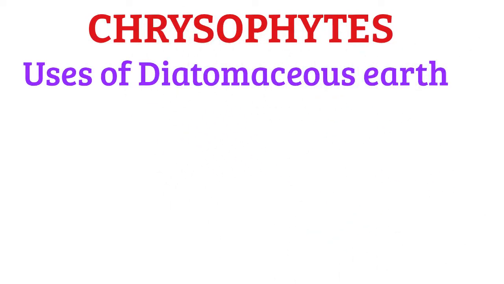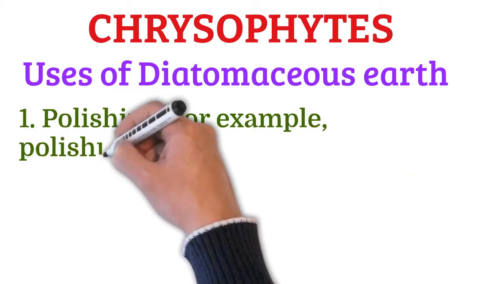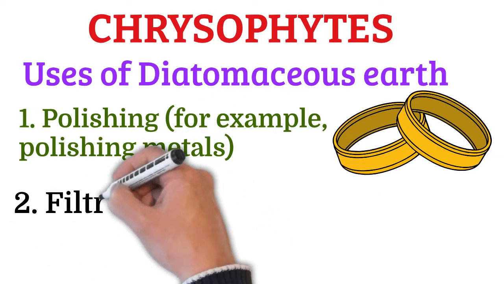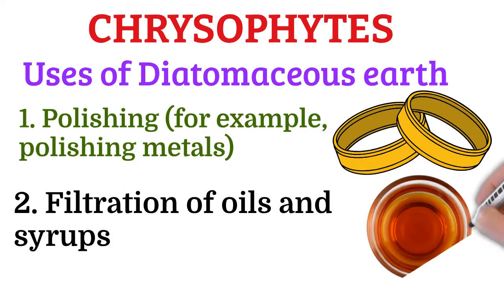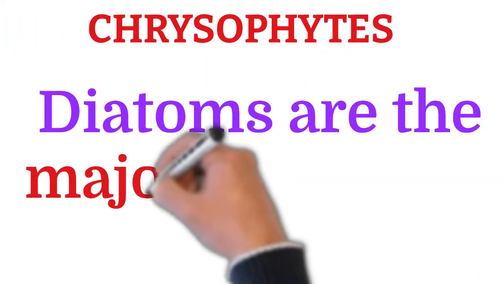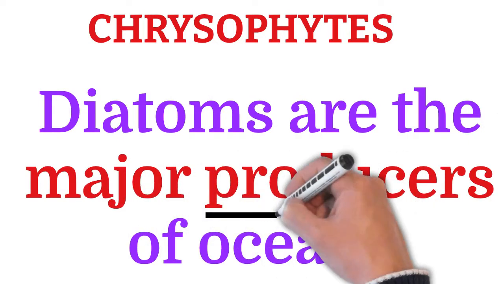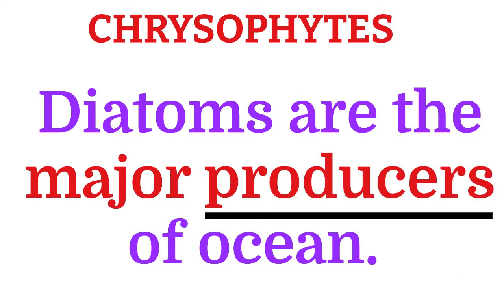Due to its gritty nature, it can be used in polishing, for example, polishing metals, and filtration of oils and syrups. Diatoms are the major producers of the ocean. For your information, producers means the organisms that make their own food.